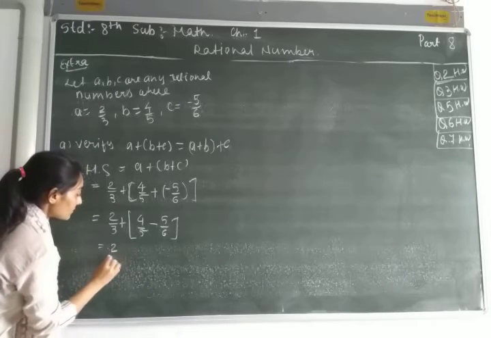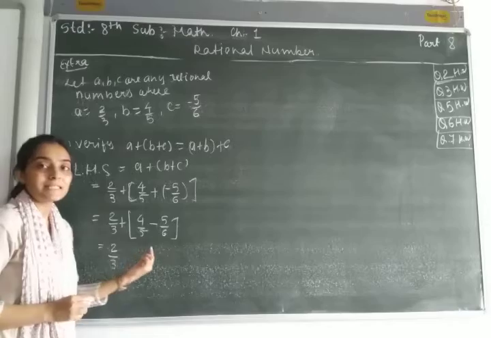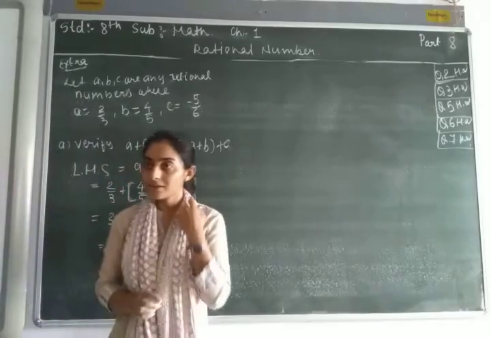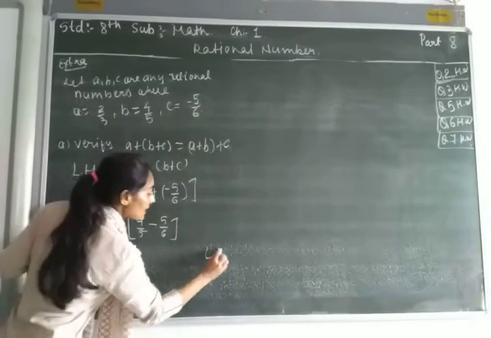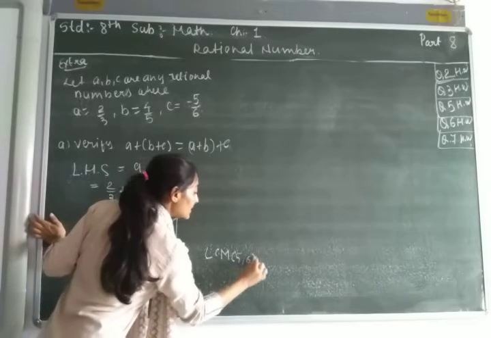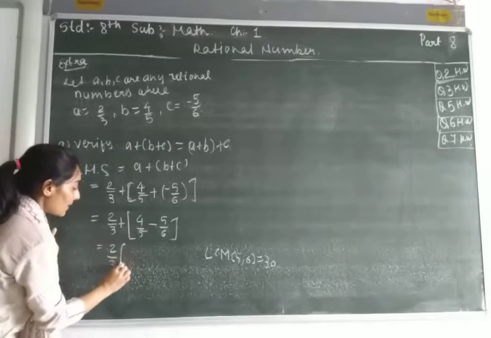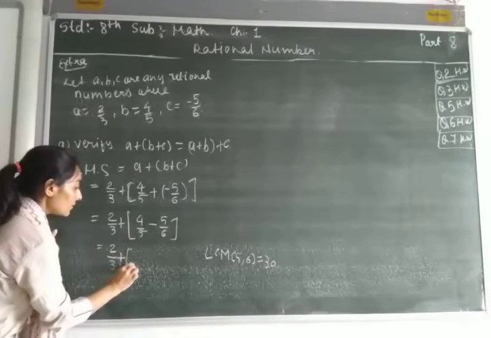Now, to subtract both the fractions, we need to take the LCM because the denominator is not the same. Taking the LCM of 5 and 6, that is 30. So, we have to make our denominator 30.